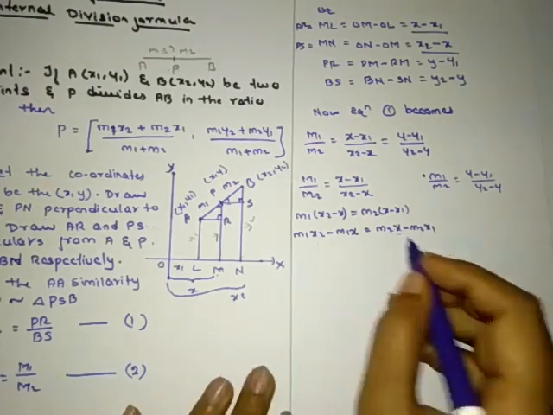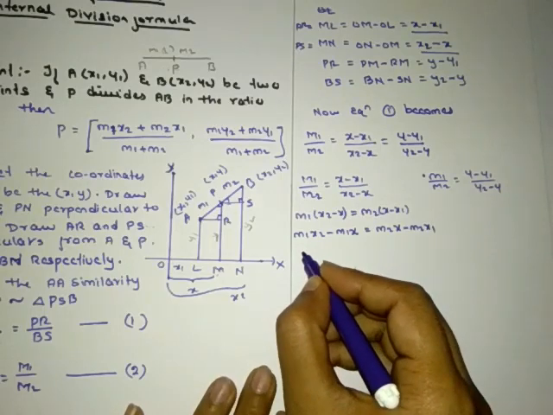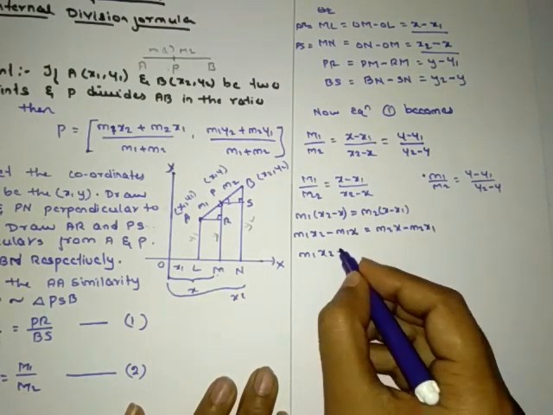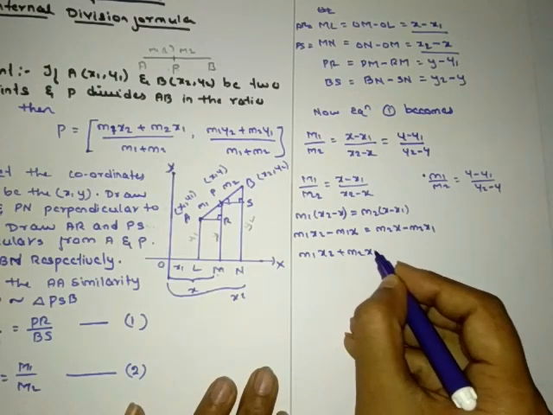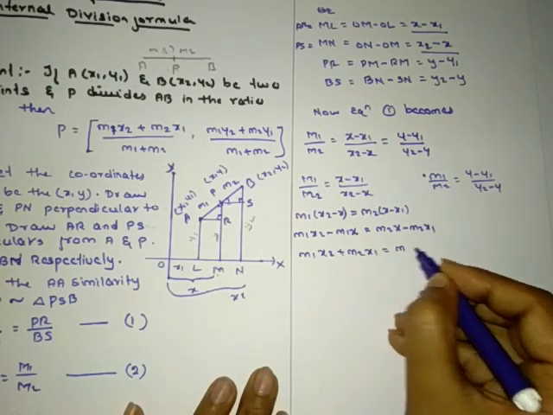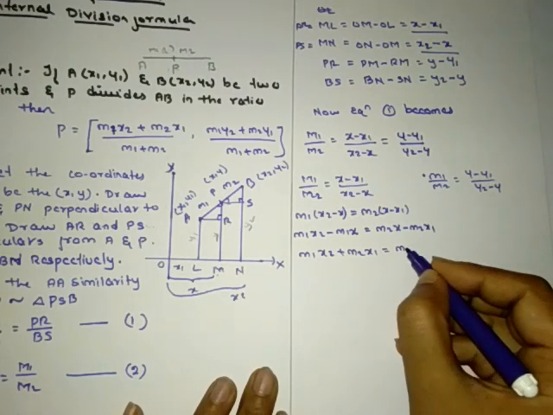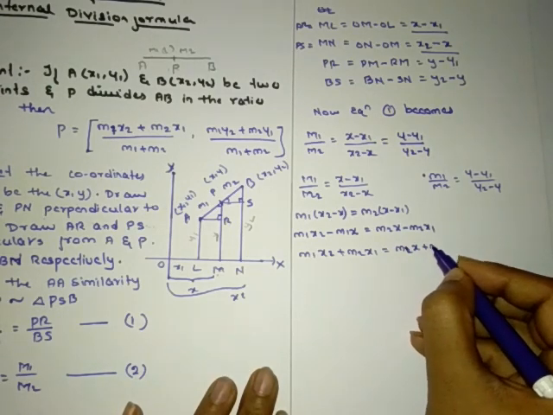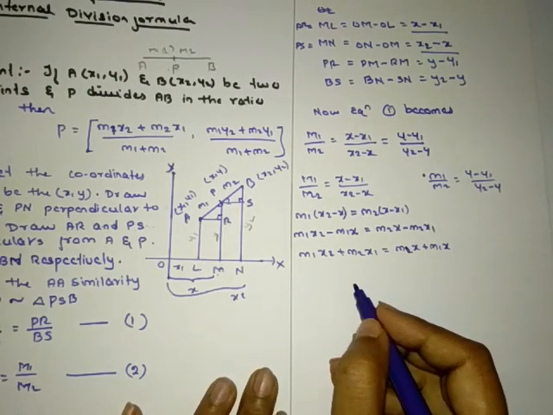Then we'll take all the like terms to one side, that is M1 into x2 plus M2 into x1 on one side, and M2 into x plus M1 into x on the other side.